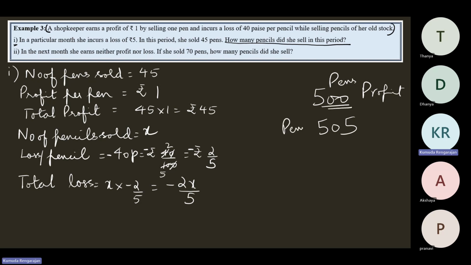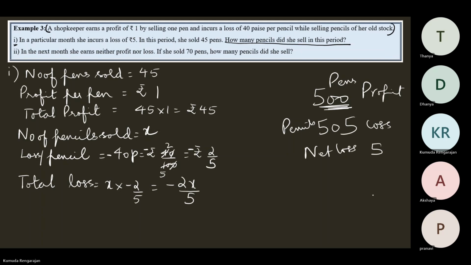Some number of pencils are sold, and 505 is the loss. The shopkeeper sells both pens and pencils. On selling the pens, say the profit is 500. On selling the pencils, say the loss is 505. Then 500 rupees profit on pens, but 505 rupees loss on selling the pencils. So on the whole, it's a net loss, right? It's a net loss. 5 rupees loss. Yes or no?